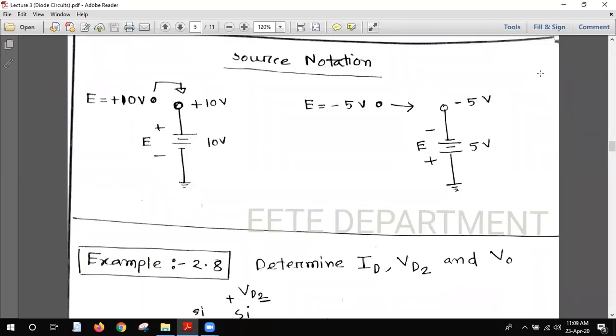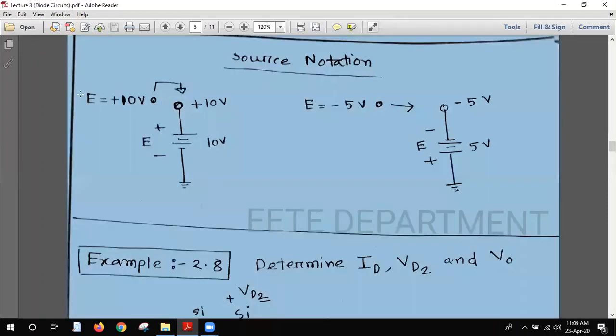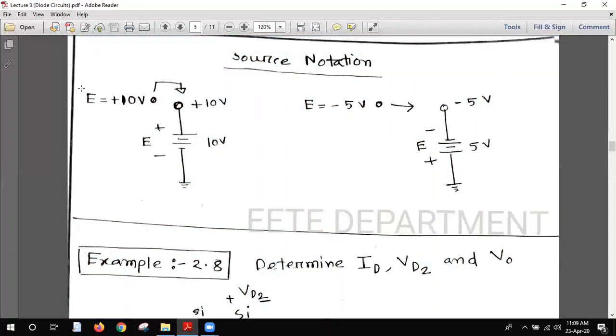This is the source notation. Sometimes the voltage source can be drawn as a very small circle. When you see E equals plus 10 volt and a very small circle, you will understand that this is the meaning. The plus 10 volt is the positive voltage.